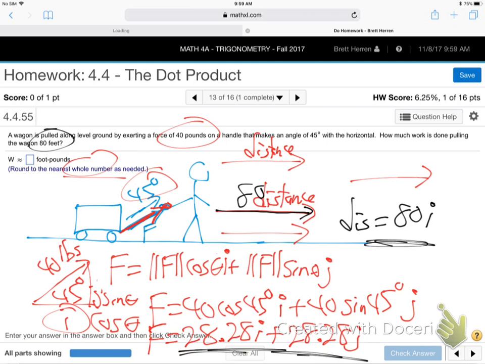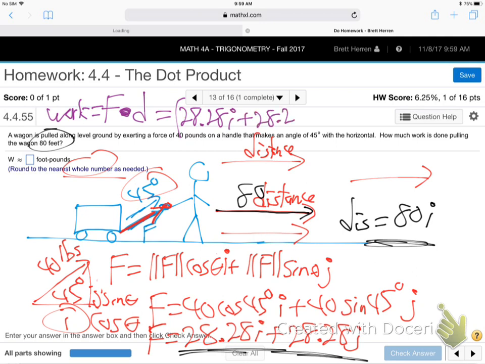Here's the force vector. So what's the work done now? We're ready to do it. So the work done is the force vector dotted with the distance vector. So it's the 28.28i plus 28.28j dotted with the distance vector, which is 80i plus 0j, really, huh?